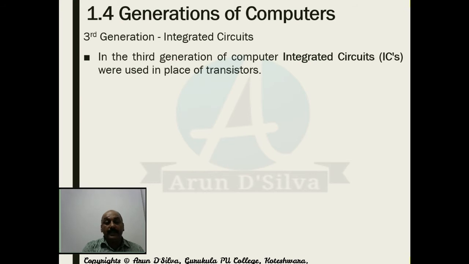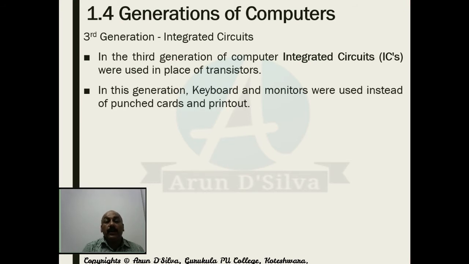Integrated circuits are made of plastic material, with the circuit molded inside that plastic material. Many circuits are put together and they form one small device. By using many integrated circuits, they developed the components of the computer.